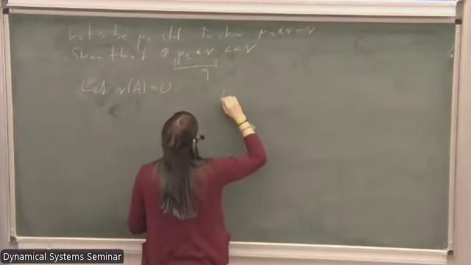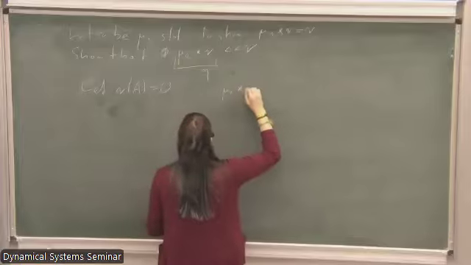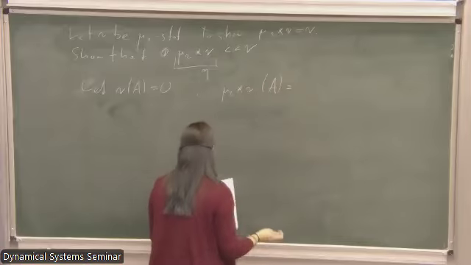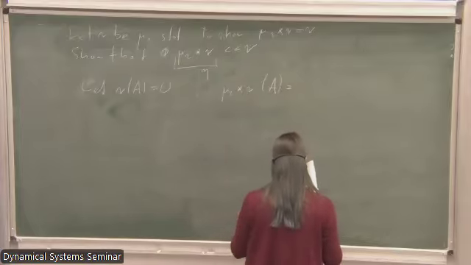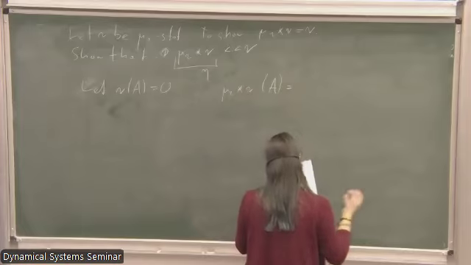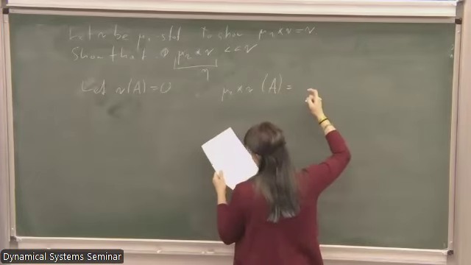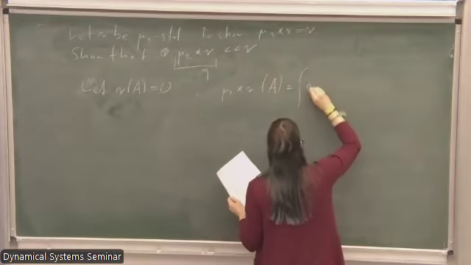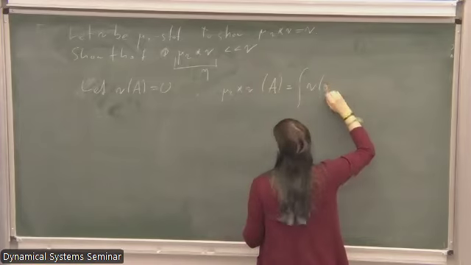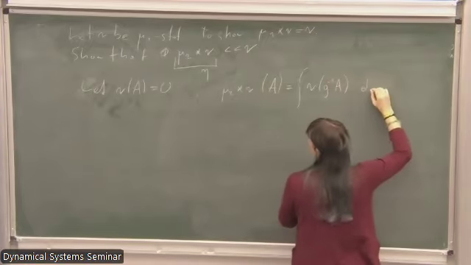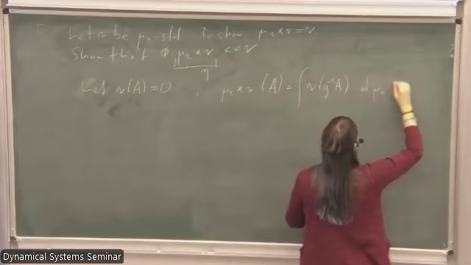We have mu2 convolved nu of A, which is the integral of nu of g inverse A, d mu2 of g.